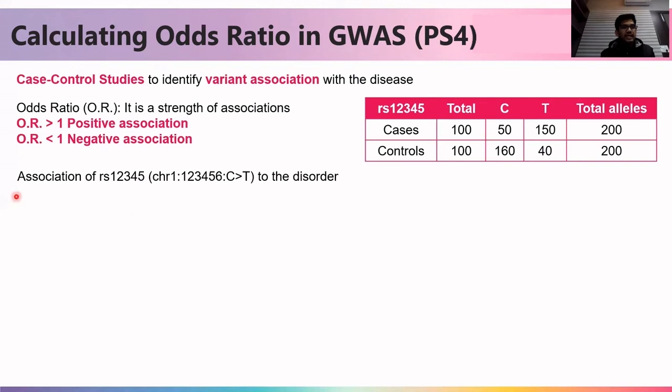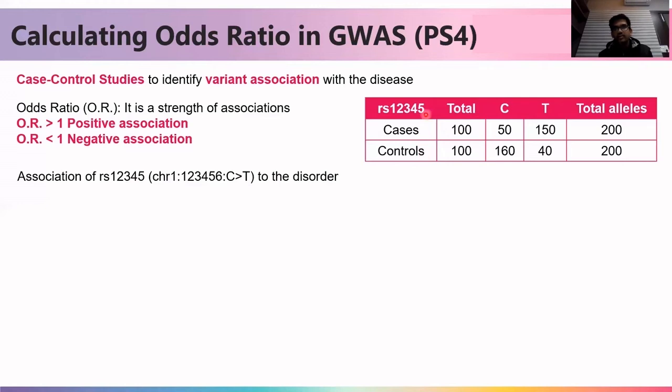So suppose let's take an example of one of the variants, RSID 12345, in which the change of the reference allele is C to T. In this, we take a hypothetical condition in which we have 100 cases and 100 controls.